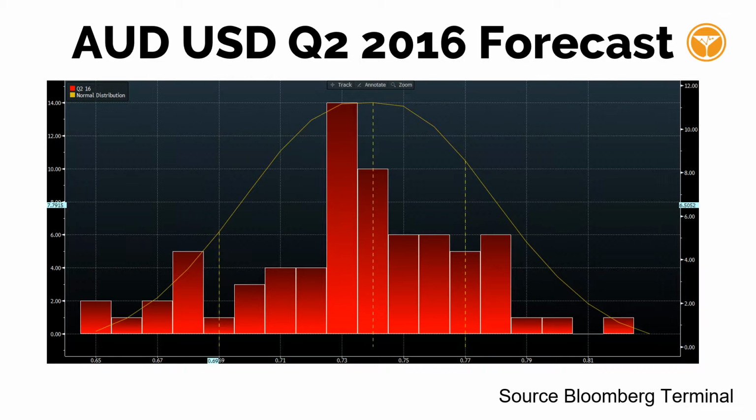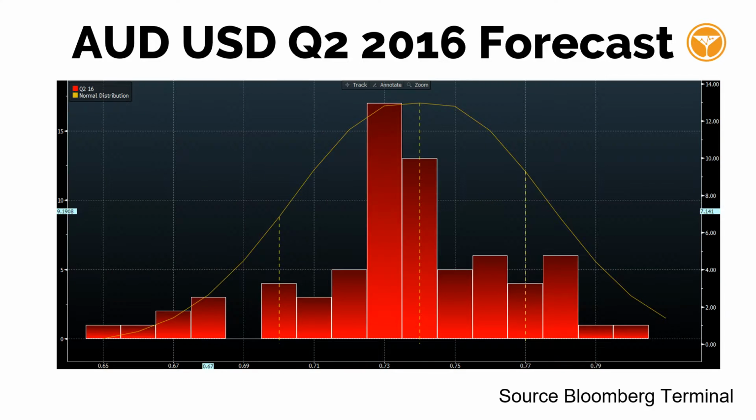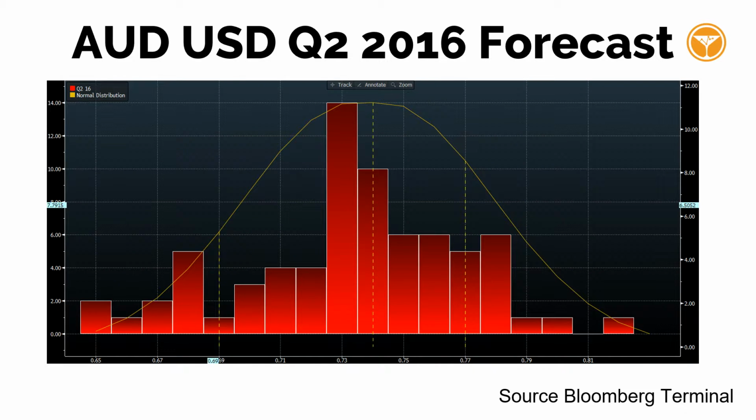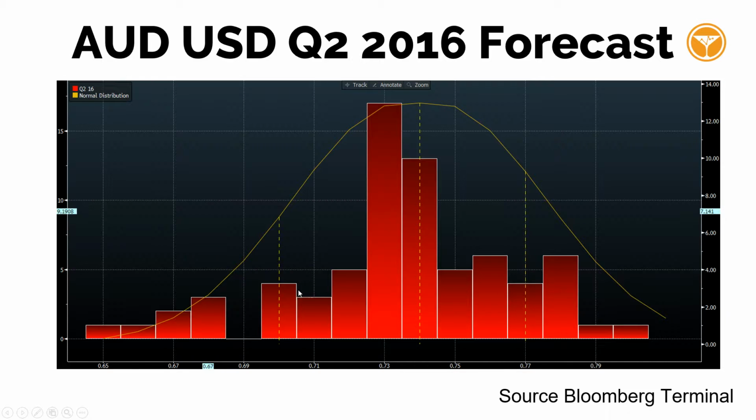If we look at this chart, you can see this is last week's and this is this week's. So a little bit fewer high outliers. Whoever he may have been, he was getting a little bit too confident in the Australian going up, but he's now brought it all the way back down under 80, and everyone's sitting under 80 cents now, and there's a few more people looking at the very bearish side.